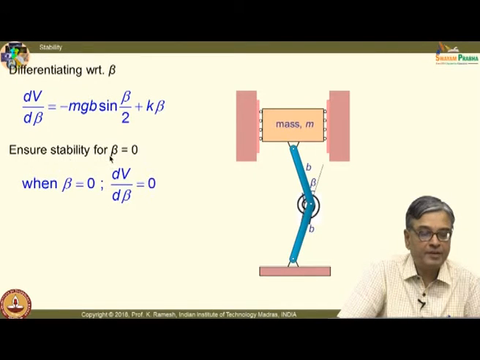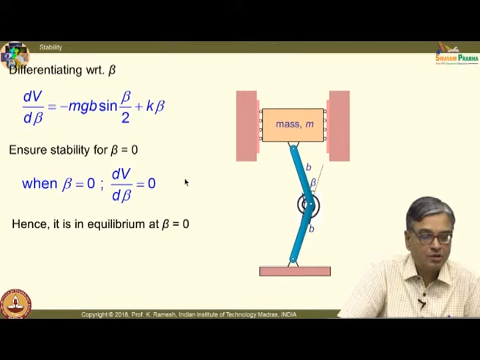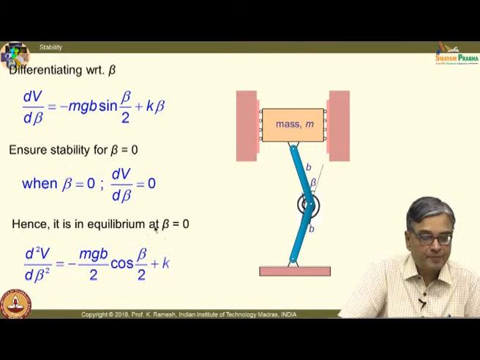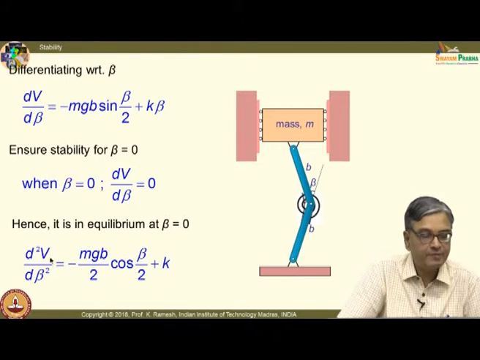For beta equal to 0, this goes to 0, there is no problem. So, at beta equal to 0 it is an equilibrium. To look for stability, I have to get the second derivative, d squared V by d beta squared. If I differentiate, I get minus mgb by 2 cos beta by 2 plus k.